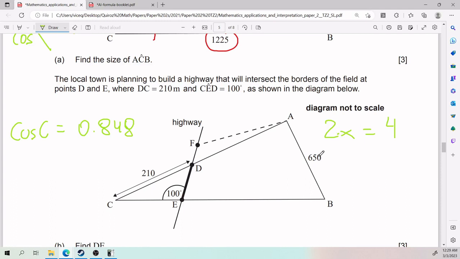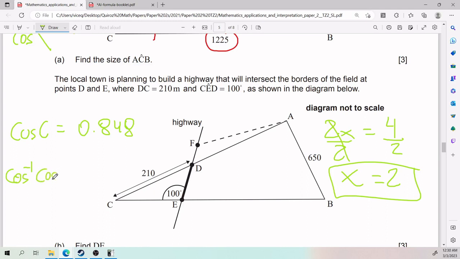In which way? By being multiplied. What is the inverse of a multiplication? The inverse of multiplication is dividing. So you divide to get x alone. Divide to both sides, of course. You end up with x equals 2. All right, this on the left side is no different. What is the inverse of cosine? It's cosine inverse. So once you do cosine inverse on this side, all it really does is get rid of the cos, and you stay with the angle inside. And that's how we got 32.